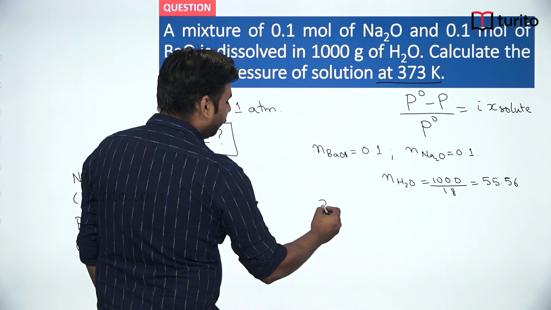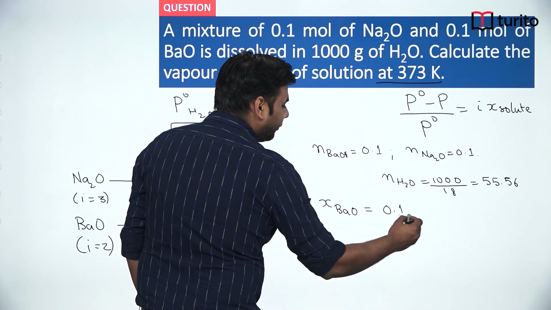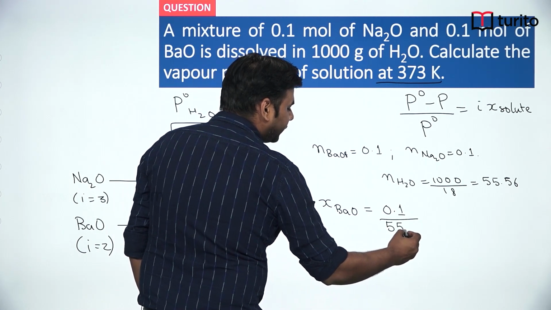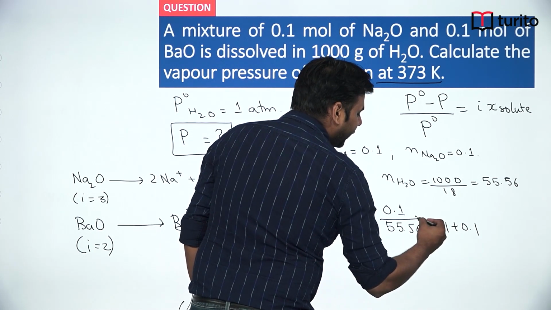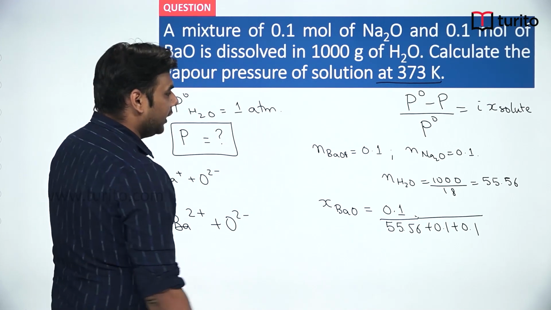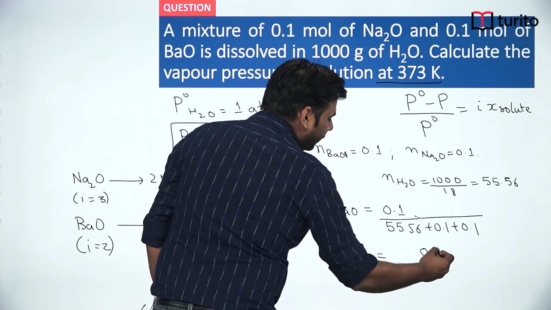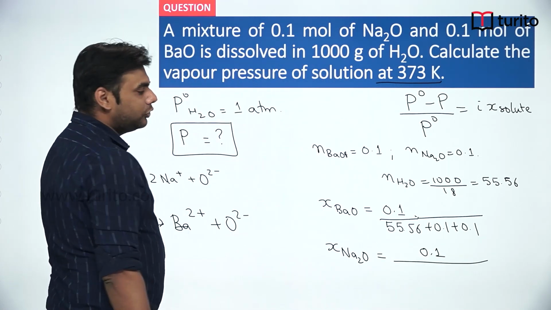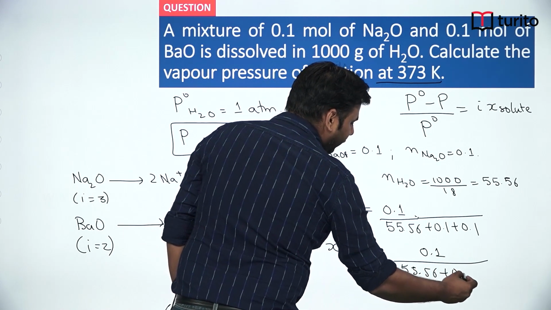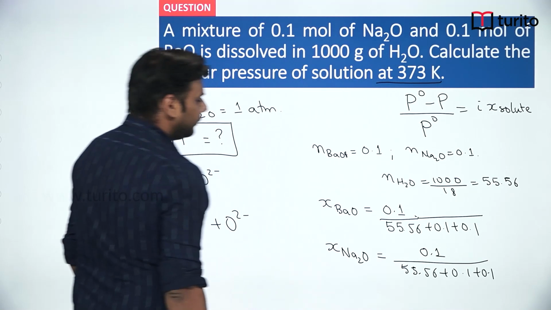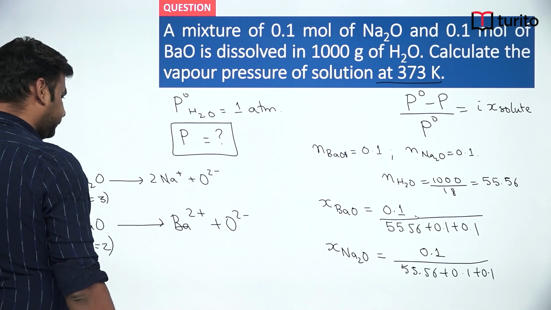So the mole fraction of barium oxide would be moles of barium oxide upon total moles, 0.1 upon 55.56 plus 0.1 plus 0.1. Similarly, the mole fraction of Na2O would be 0.1 divided by the total moles, which is again 55.56 plus 0.1 plus 0.1. So both of them will have the same value. You can calculate this.